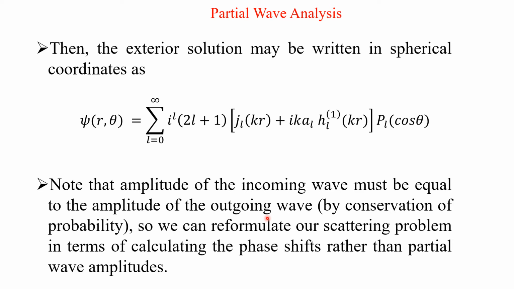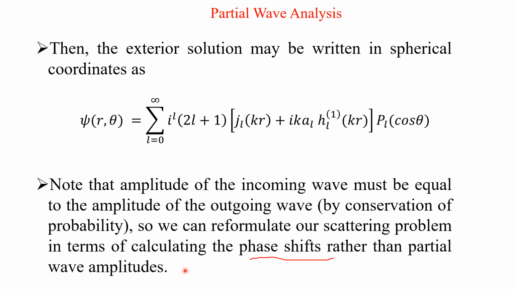You know very well that the square of the amplitude gives you the probability, so it must be the same in order to have the same probability. So we can reformulate our scattering problem in terms of calculating the phase shift. This is a very important point to be noted, that is the phase shift rather than the partial wave.